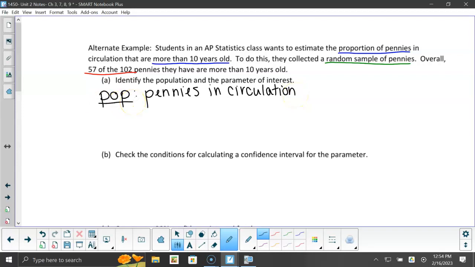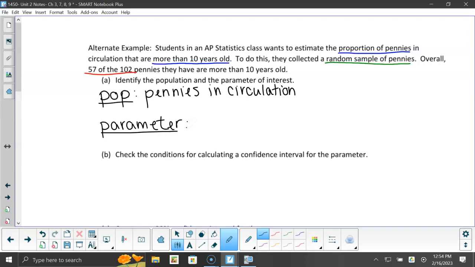Now, the parameter that I'm looking for, it's literally right above it. Parameter. We had to figure out pennies.